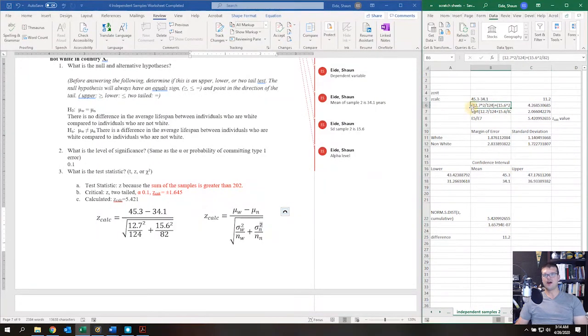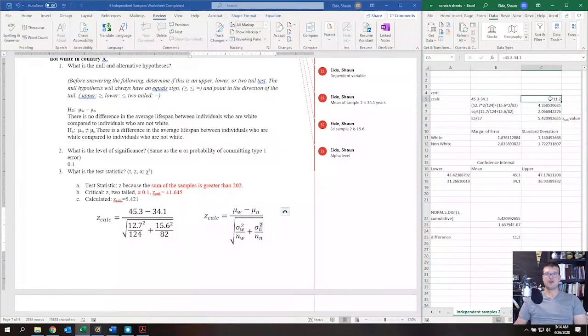And then after that, I have 12.7, which is the standard deviation squared over the sample size of 124, plus 15.6 squared divided by 82, which gives us 4.2685 and so on. So now what I need to do is take the square root of that.